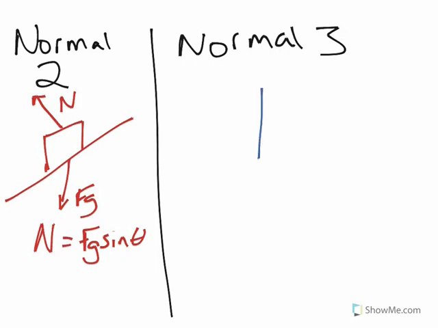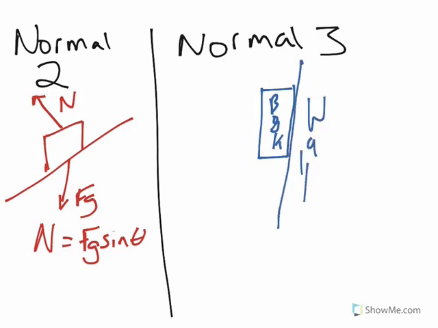The more classic example is you have a block or a book or something. Call it a book. You have a book up against a wall, and somebody is pushing the book onto the wall to hold it there, right?